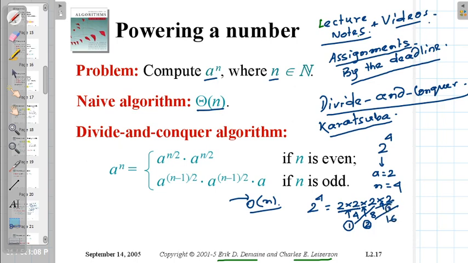So how many multiplications are necessary? n minus 1.